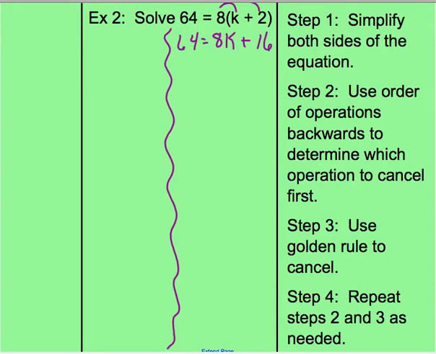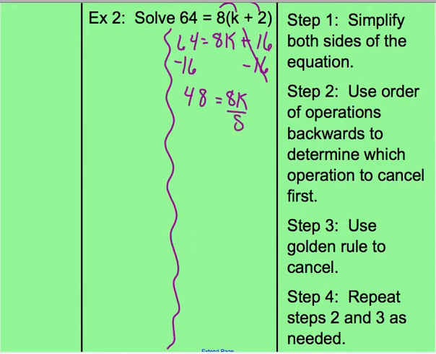So if I knew what k was, I would multiply by 8 and then add 16. So I'm going to start by canceling the 16. Remember, on the side with the variable, don't actually subtract, don't perform the operation, just cancel. On the right hand side, since 16 is 4 away from 20, I'm going to subtract 20 from 64 and get 44, and add the 4 back on to get 48.